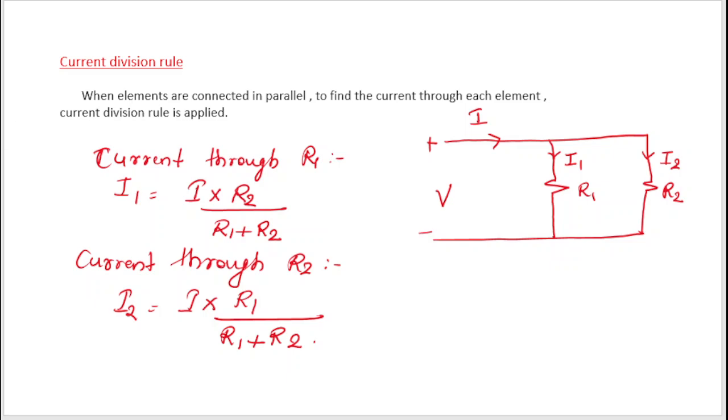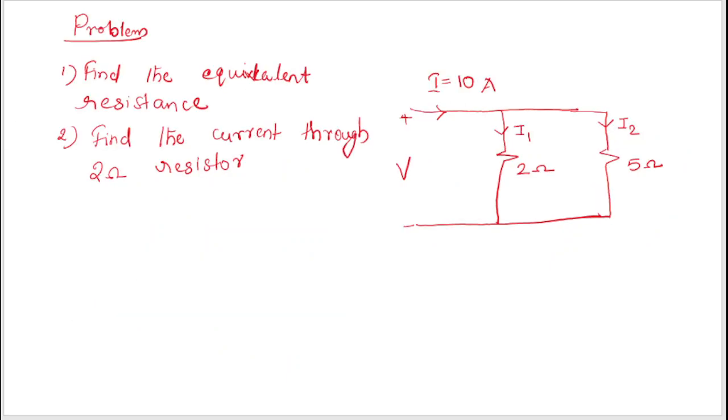Next we will see a problem related to this. Given a circuit, there are two resistors, 2 ohm and 5 ohm, connected in parallel, and the total current through it is 10 amps. The first question is find the equivalent resistance, and second, find the current through the 2 ohm resistor. First we will find the R equivalent.